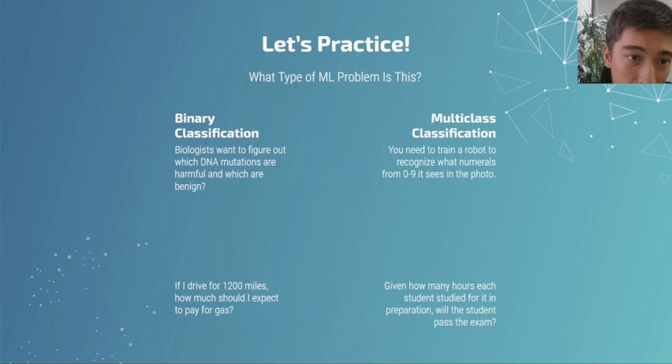Okay, next one. If I drive for 1,200 miles, how much will I have to pay for gas? This one is actually a regression problem, because the amount of money I pay for gas can vary across a continuous range based on the features that you give to your algorithm to train your model.